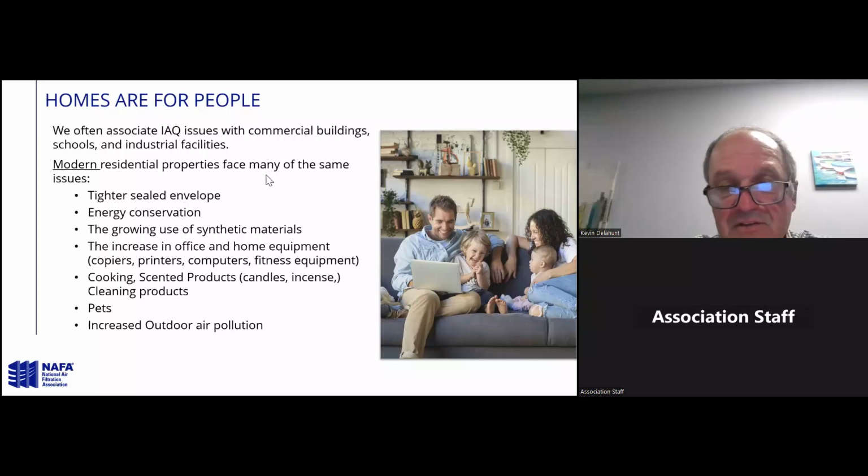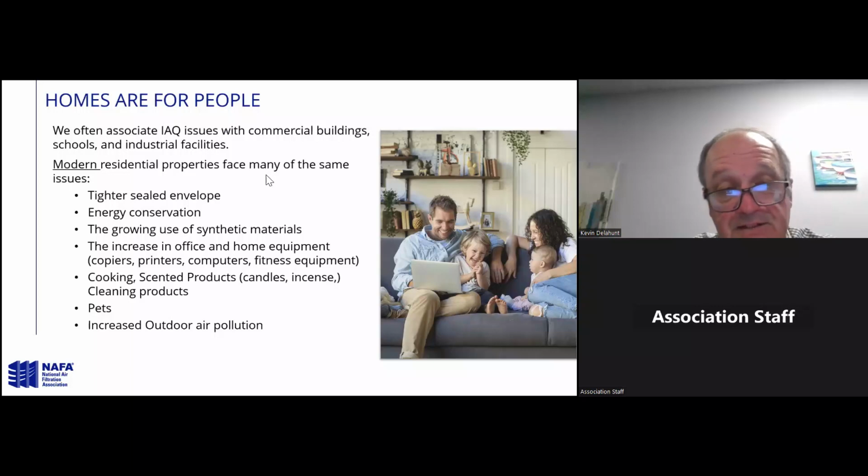The increase in office and home equipment. Most homes now have an office or two offices in them with copiers and printers and computers. And as well, a lot of people have their own fitness equipment. COVID was a big push for this, where you weren't going out to the gym and you weren't going to the office, so you created those spaces within your residential house or apartment.